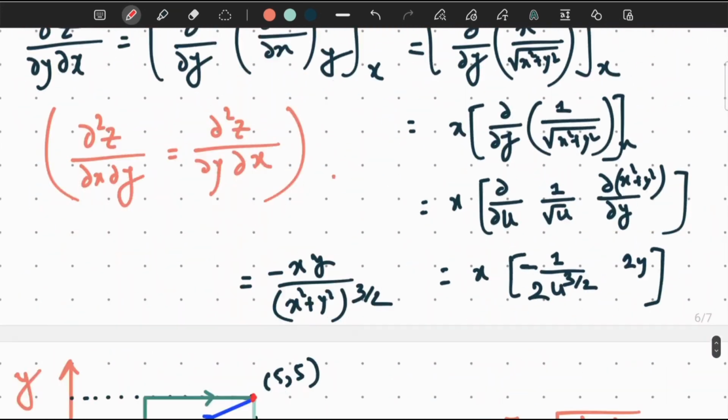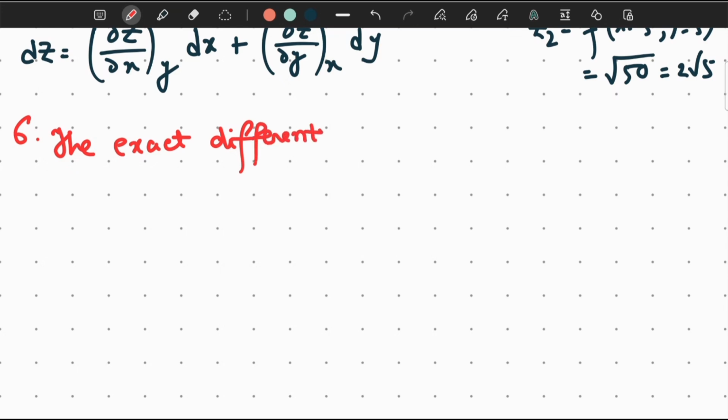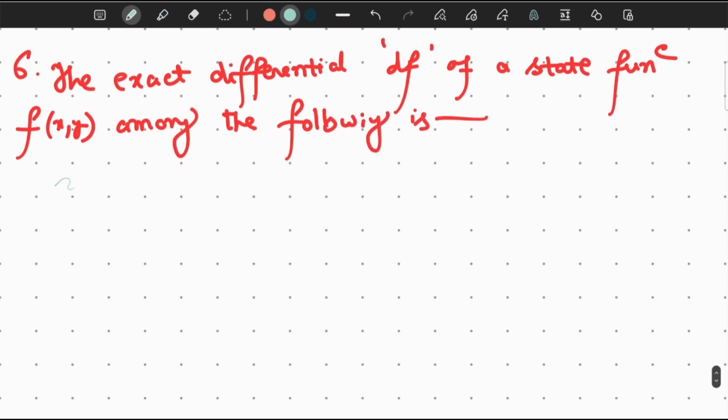It is question number 6. Now I'm writing df. What are the options?